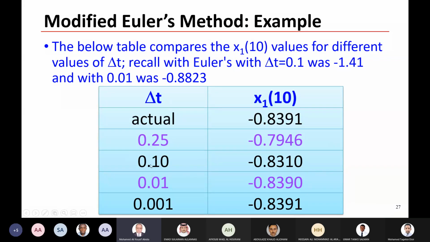Again, for the effect of delta t, this is the actual value, and if this is 0.25 at 10 seconds, this is the value, which is a little bit far from this. For 0.1, which is very close, 0.01, which is very, very close, and 0.001, exactly the same. So it gives you the exact value.